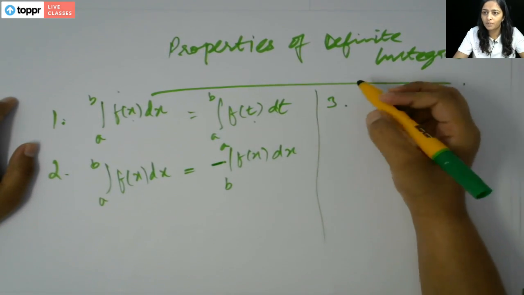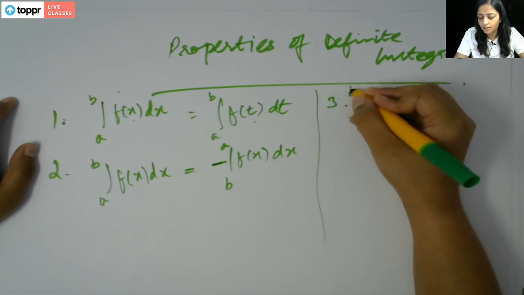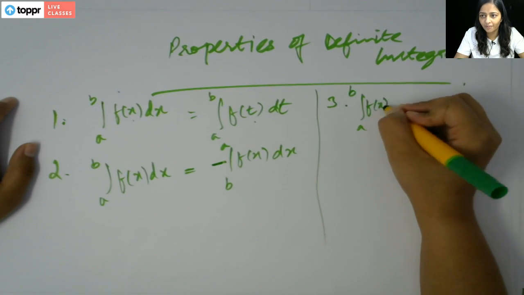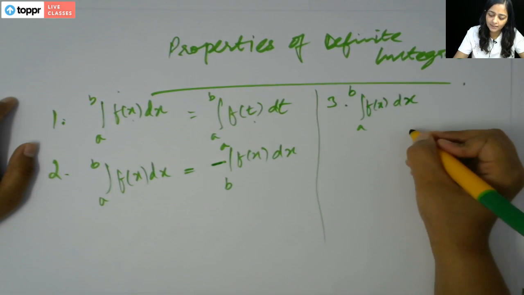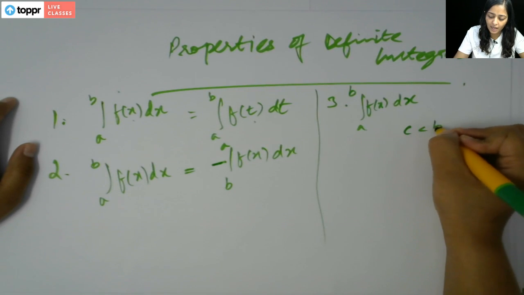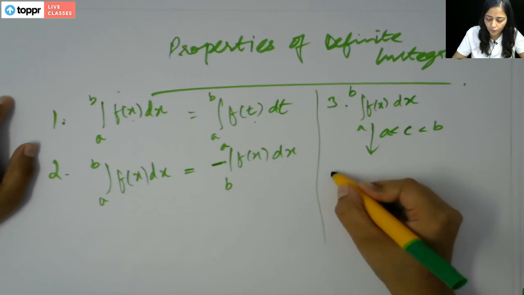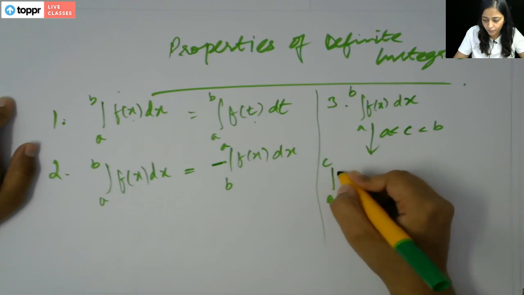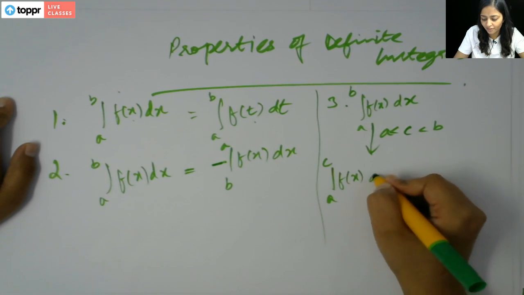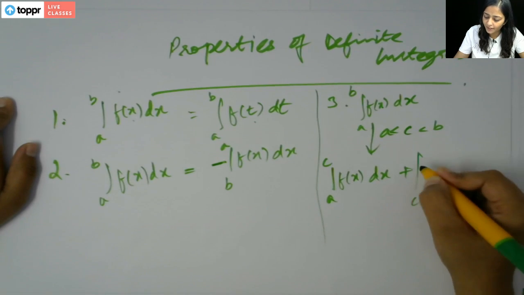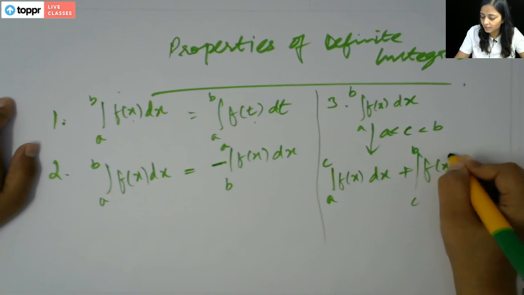Then the third property is if you have integral a to b f(x) dx and c is any number lying between a and b, then you can split this integral into two. First from a to c f(x) dx, plus then c to b f(x) dx.